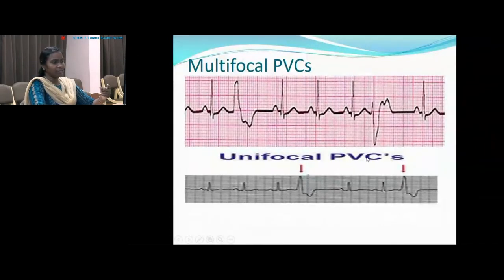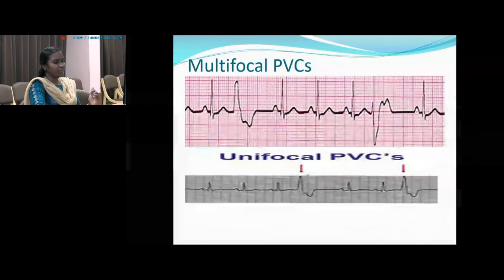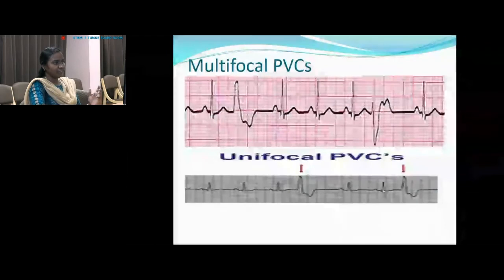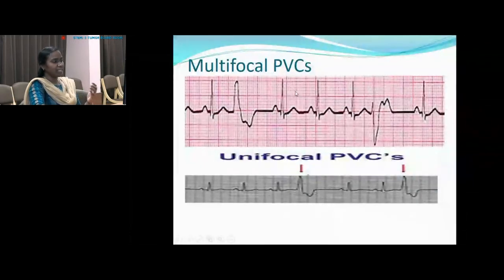That is the major difference between multifocal and unifocal. In unifocal, the PVCs will show the same shape, duration and pattern as they originate from a single ectopic focus. But in multifocal PVC, the PVCs show different shapes and patterns as they originate from multiple ectopic foci.